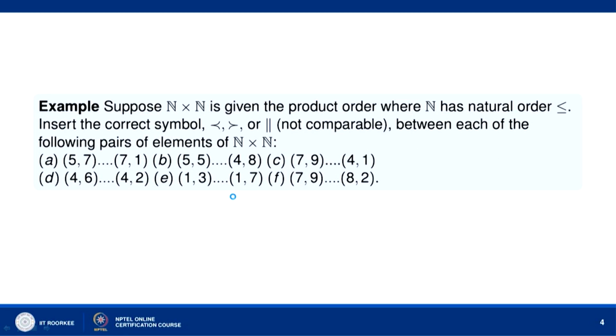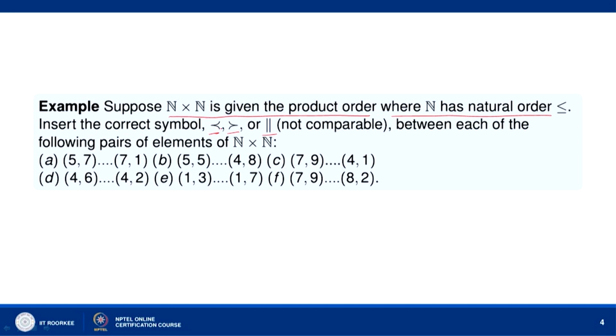Now, suppose N cross N is given the product order, where N has the natural order, less than or equal to. We have to insert the correct symbol between each of the following pairs of elements of N cross N. Okay.